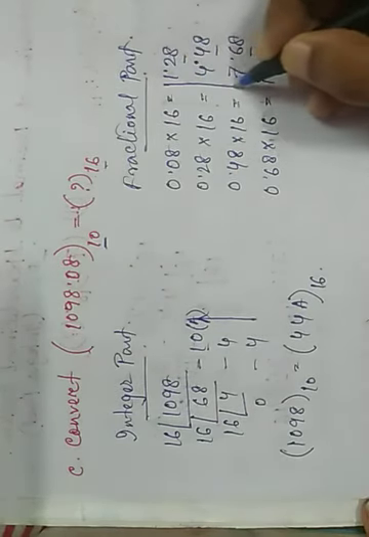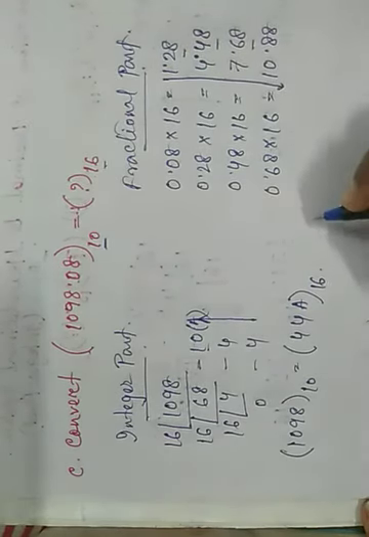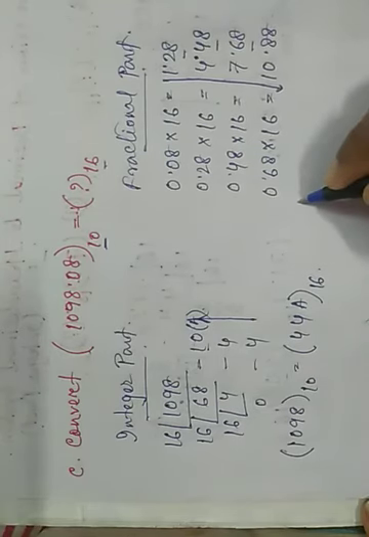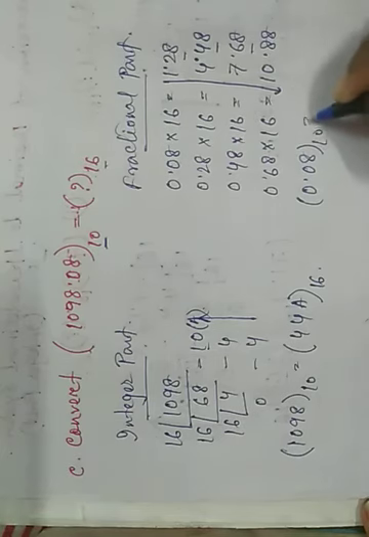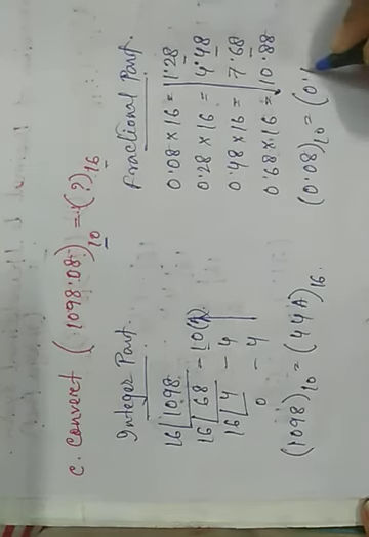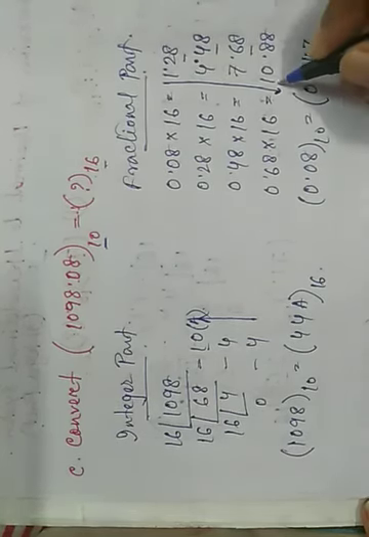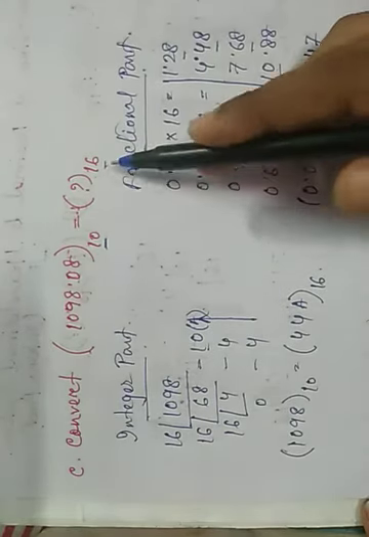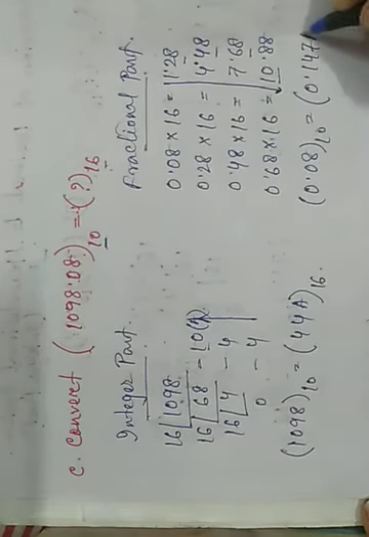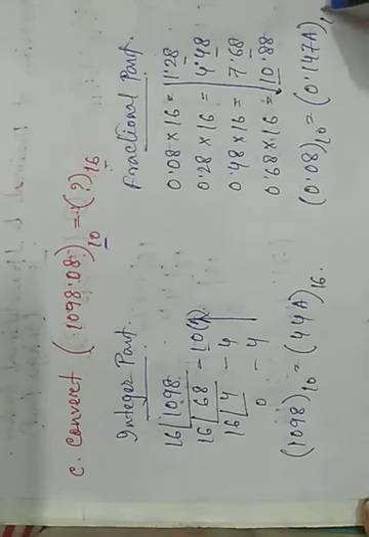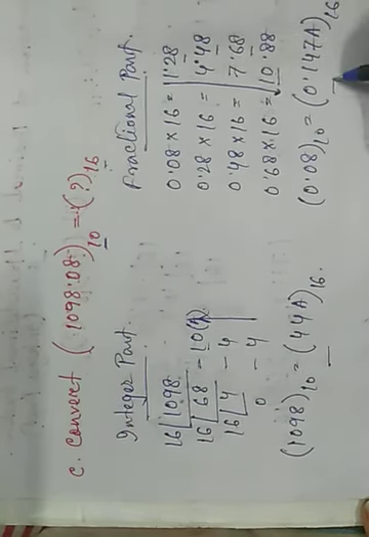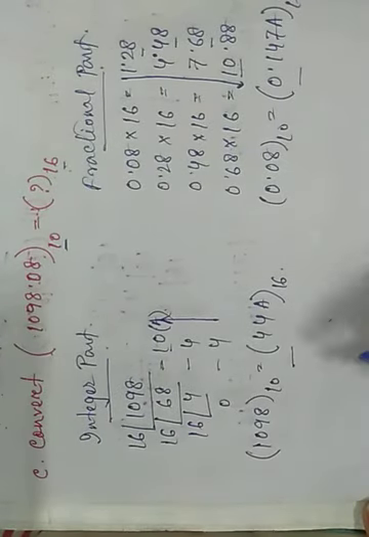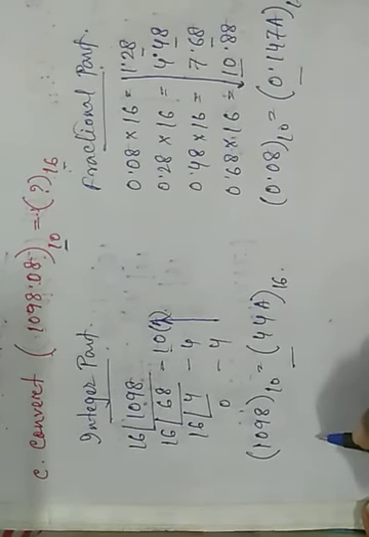So we have to take the fractional value in downward direction. So our fractional part is 0.08 base 10 equals 0.147A. As it is 10 here, and as it is in hexadecimal number system, we have to write here A. So now we get the integer part and fractional part separately, but we want this number in combined form as an answer.